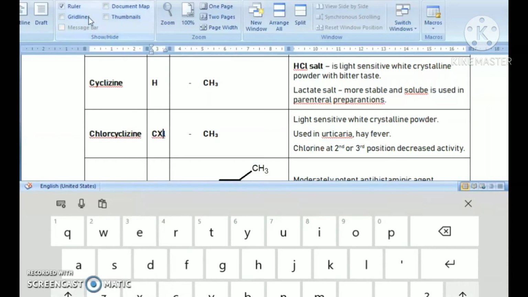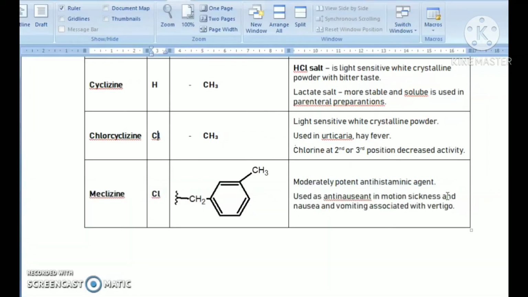In chlorcyclizine, the presence of chlorine at the second or third position of the phenyl ring decreases the activity. In meclizine hydrochloride, the R is a benzyl ring, and that benzyl ring carries a methyl group at the meta position. It is a moderately potent antihistaminic agent, and it is mainly used for its anti-nauseant property.